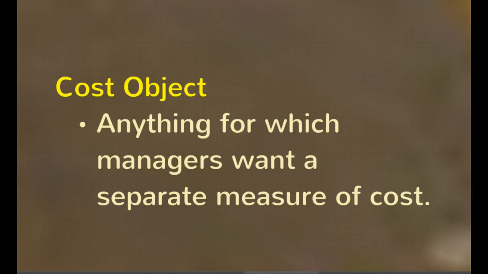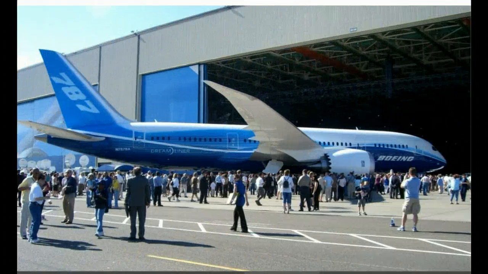Anything that managers want to know the cost of, anything that managers want a separate measure of cost for, is called a cost object. Now, what we're talking about today are products which are produced in a manufacturing process. And in the specific example we're using, the cost object is an aircraft, in this case a Boeing 787. So let's start out by understanding that the cost object that we're using as an example is this aircraft.